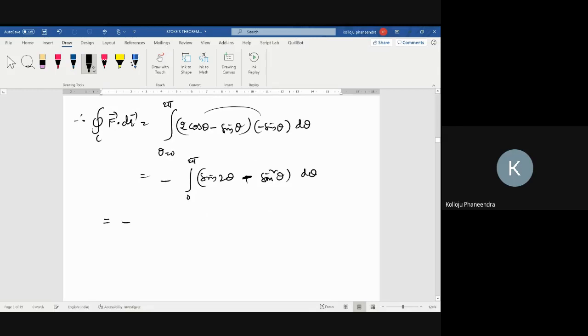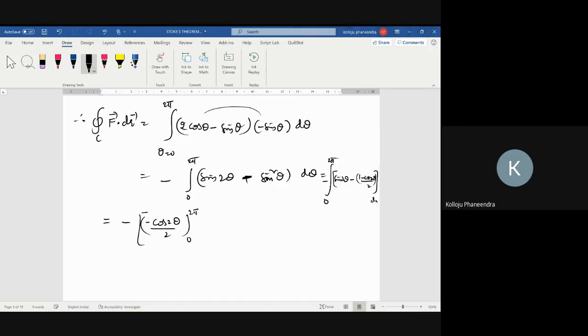This is minus. If I integrate the first one, this is minus cosine 2 theta by 2, between 0 to 2 pi. I will write one more step: minus, from 0 to 2 pi, sine square theta, which is 1 minus cos 2 theta by 2.